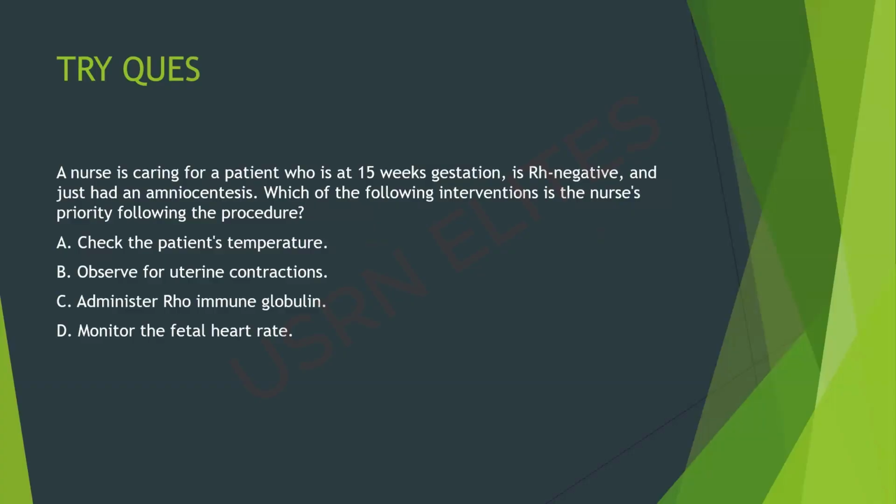A nurse is caring for a patient who is at 15 weeks gestation, Rh negative, and just had amniocentesis. Which of the following interventions is the nurse's priority following the procedure? The mother just had amniocentesis done, 15 weeks, Rh negative. What's your priority?